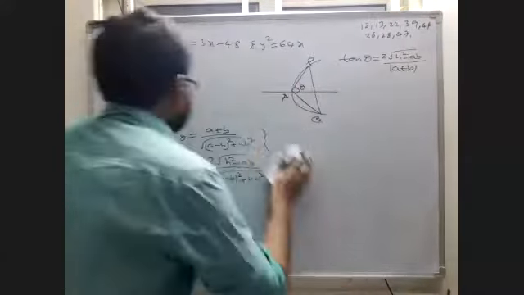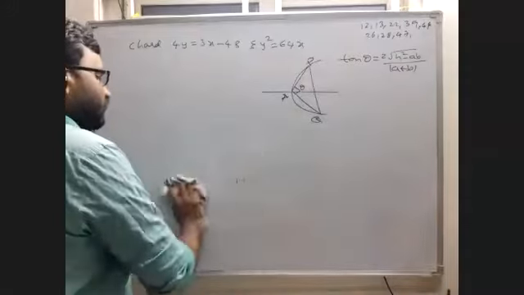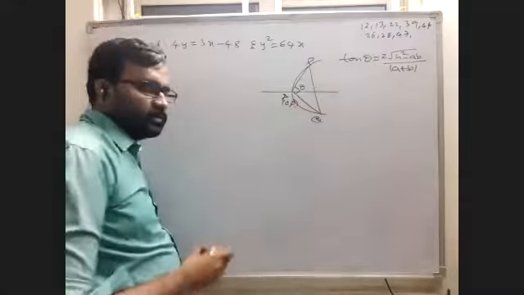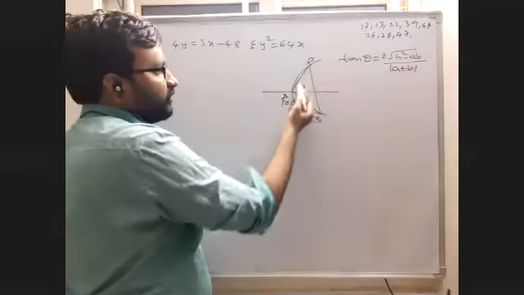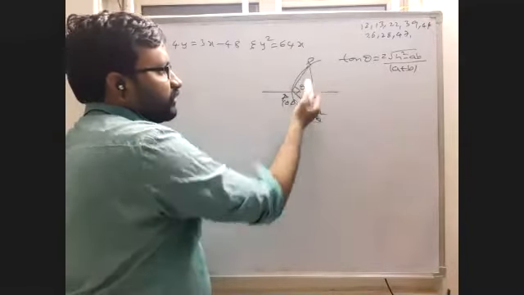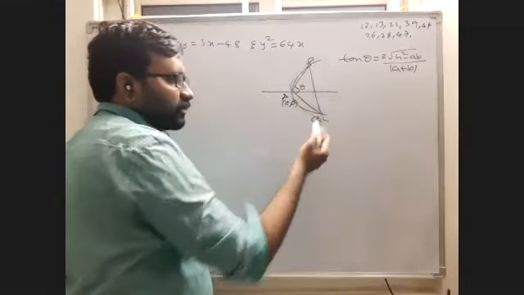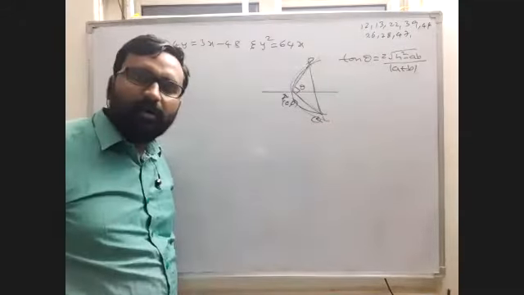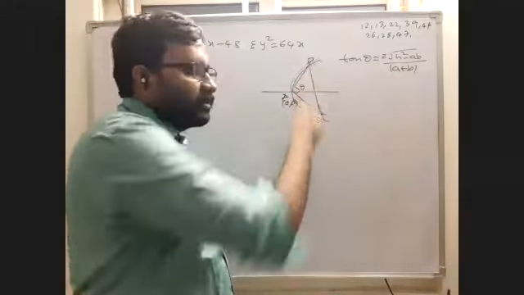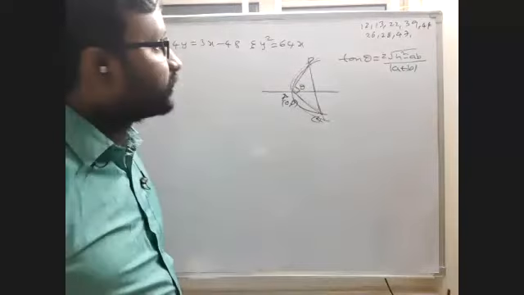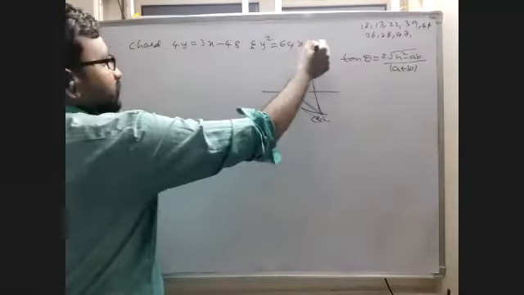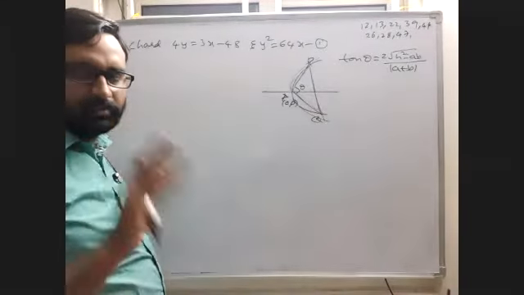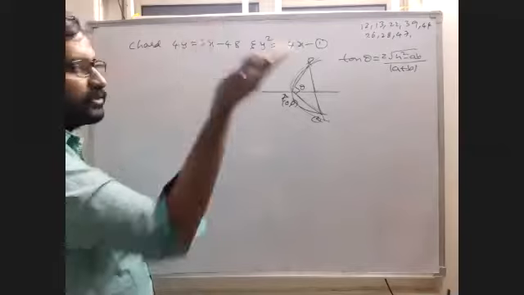Now we have to use the homogenization method. Why? Because from 0 comma 0 it is asking the angle, so this is clearly a homogeneous pair of lines. This is non-homogeneous. This is a line, and when you join the origin to the points of intersection of the curve and the line, you get the homogenization. That's why this is equation number 1, and from this you have to find 1. You already know how to make a line into 1.